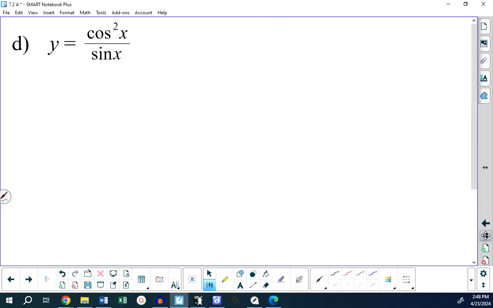Final example, I believe, cos squared of x over sine of x. I would like everybody to begin by writing down on the top what the derivative of the top is. Think about what cos squared of x means.